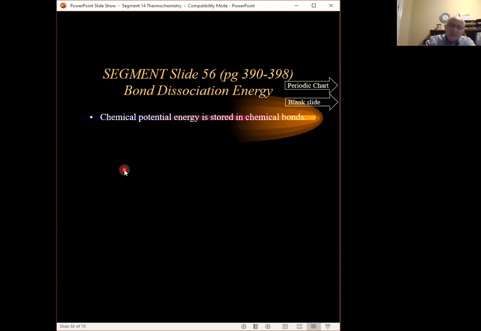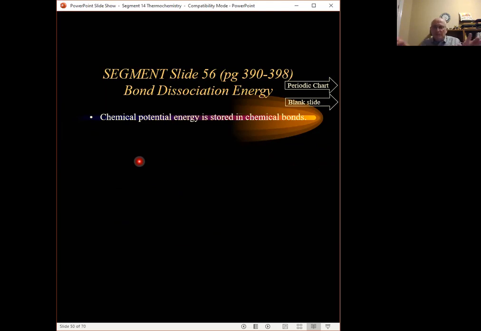Now, let's look in a little more detail. I've told you in the discussion that the internal energy of a system is made up really of 2 parts. It's the energy within the molecules, the intramolecular forces, the forces in the atoms, the bond strength in all of the atoms.